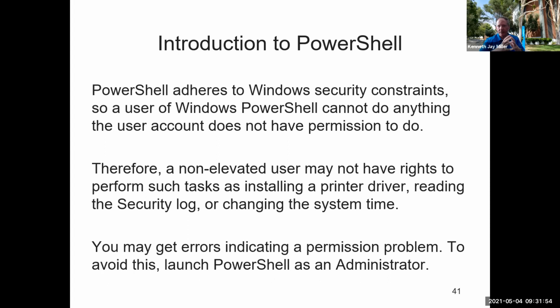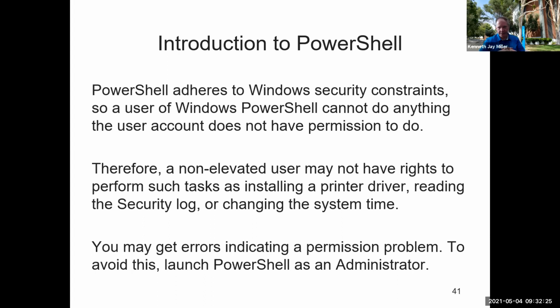It's still going to follow their ACLs, their access control lists, and their permissions that are assigned based on their authentication, authorization, and accounting. Therefore, a non-elevated user may not have rights to perform such tasks as installing a printer driver, reading the security logs, or changing the system time. So you may get errors indicating a permission problem.